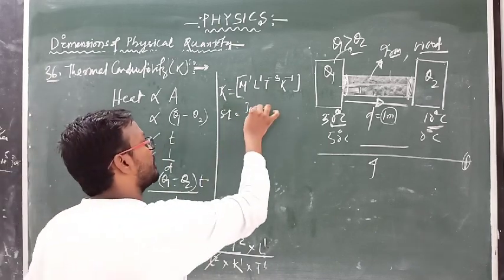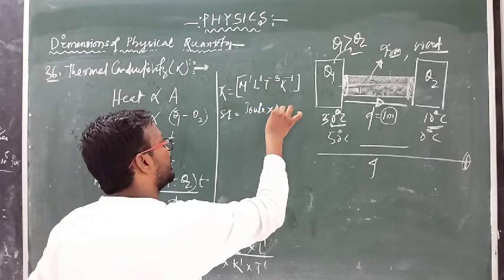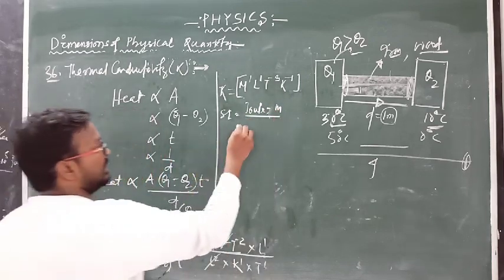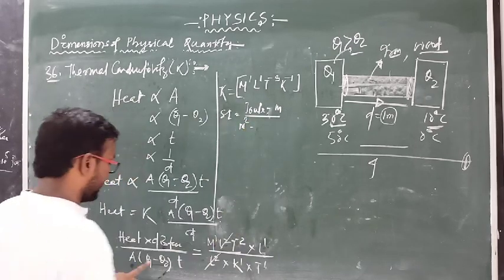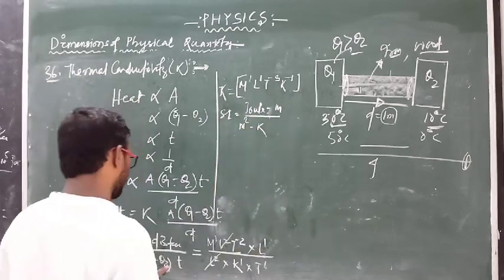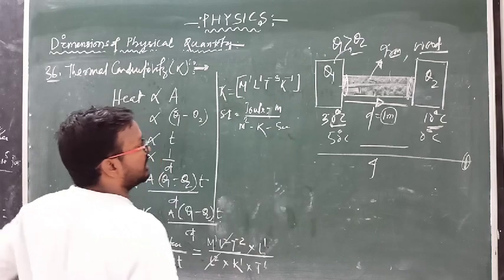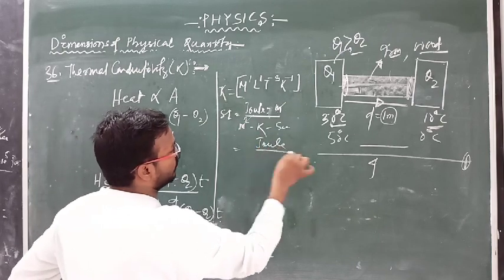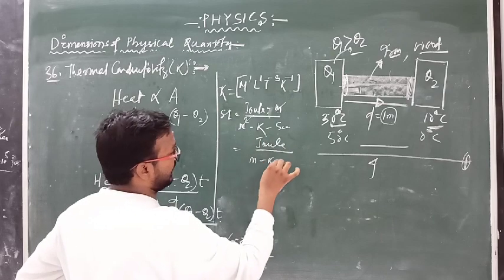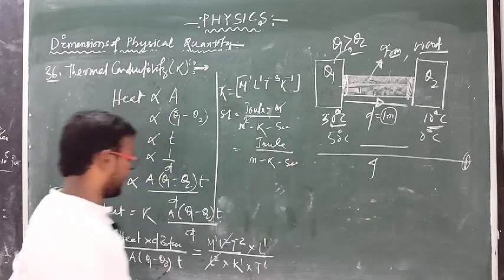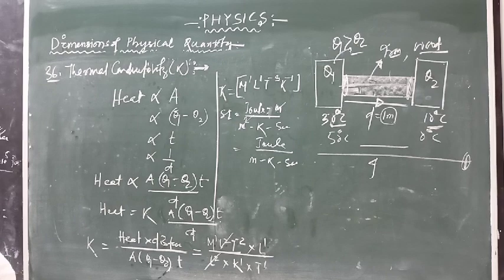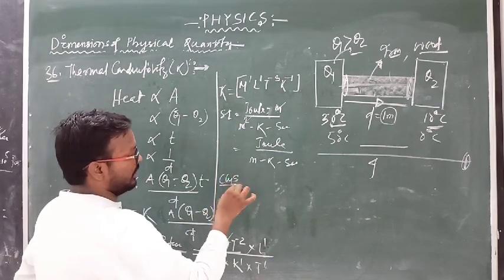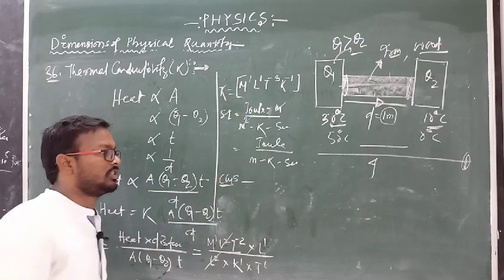You can write here joule, joule into meter divided by area meter square, temperature here Kelvin, time is here second, or 1 meter cancels, so you can write joule per meter, Kelvin and second. Clear? So this is the SI unit of thermal conductivity, or you can write the CGS unit of conductivity.